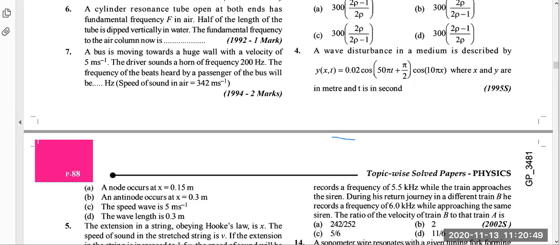Now we know that whenever it is like a standing wave, this 0.02 into cos 10 pi x is your amplitude, yes or no?